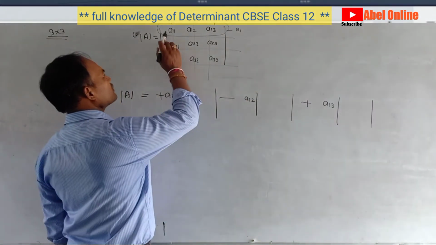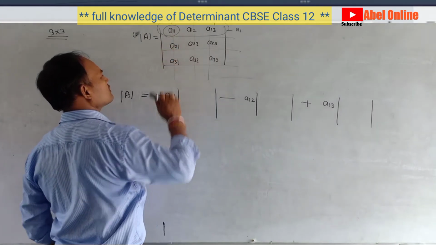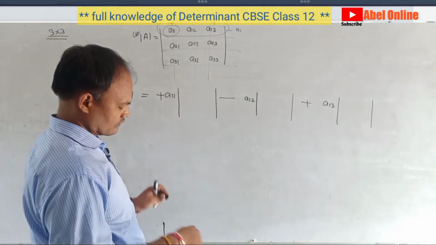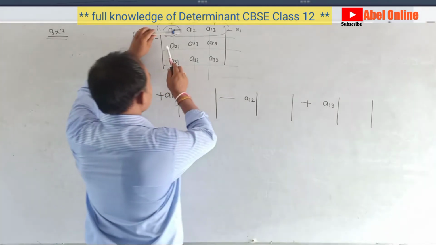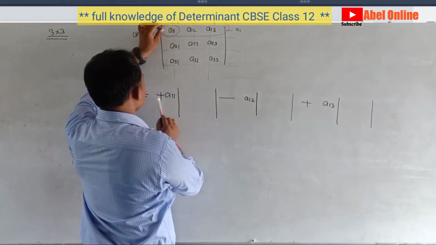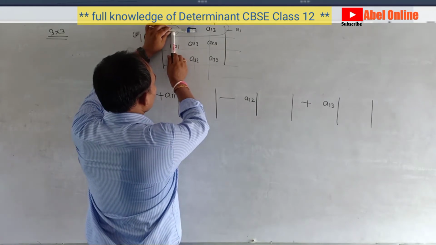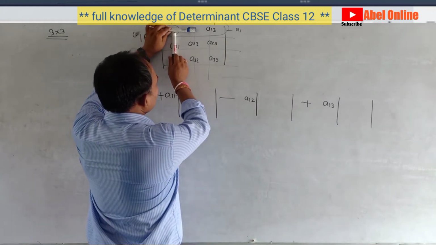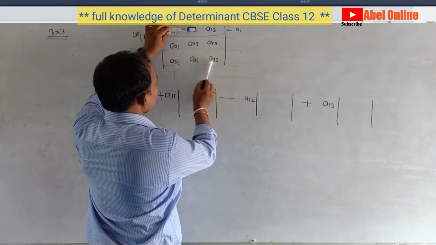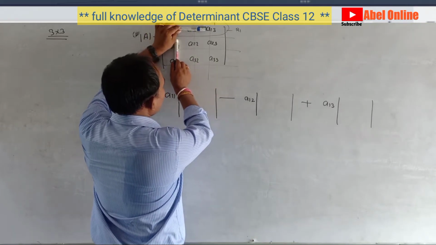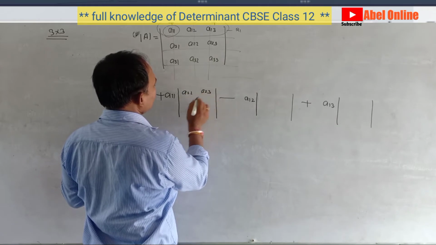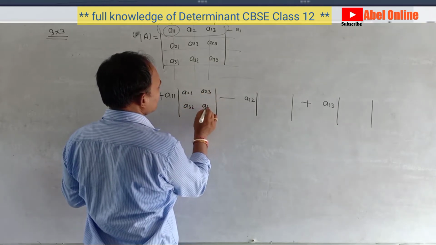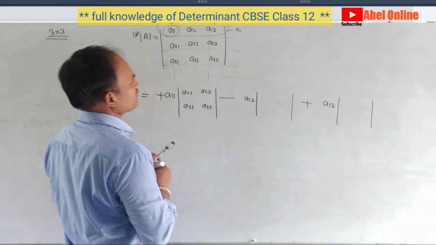Now when we are using A11, just hide its row and column. A11 means hide its row and column. So what is the remaining part? The remaining part is A22, A23, A32, A33. So we can write here A22, A23, A32, A33. Now what about A12?